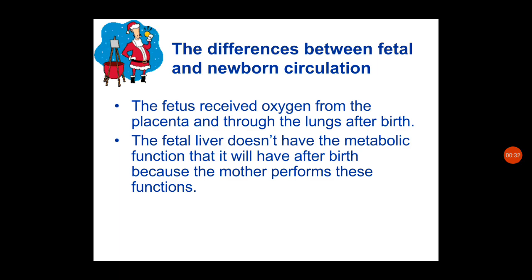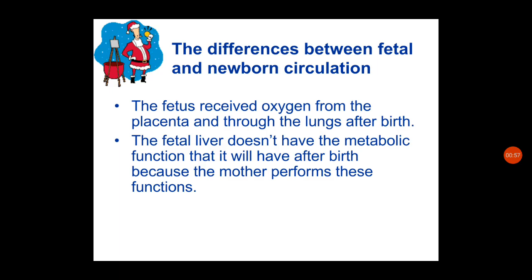First, we can see the differences between fetal and newborn circulation. Before birth and after birth, what are the differences? The fetus receives oxygen from the placenta, and the newborn through the lungs after birth.